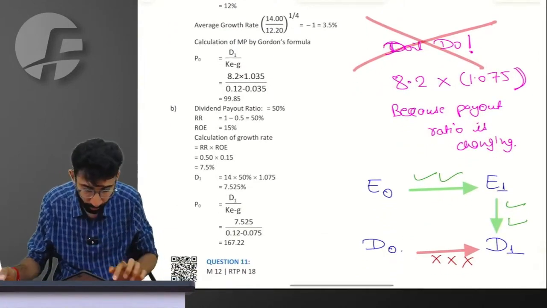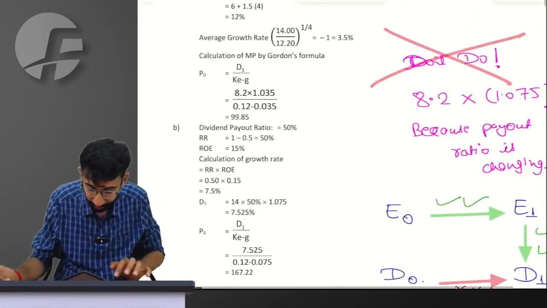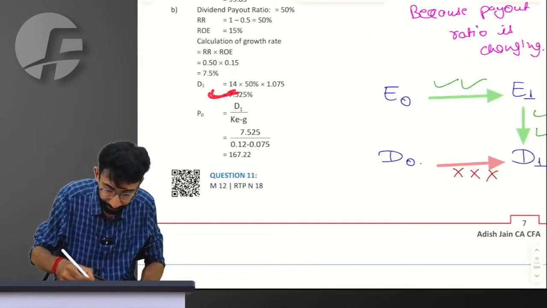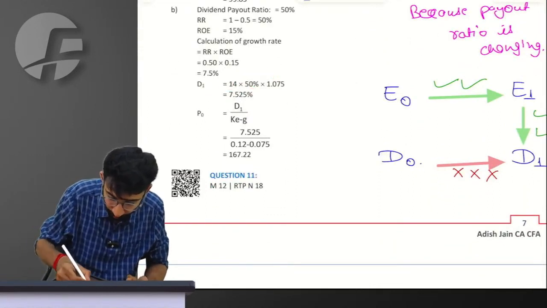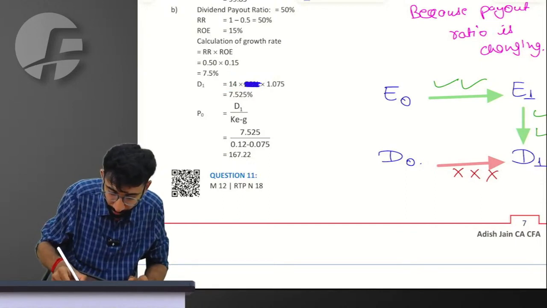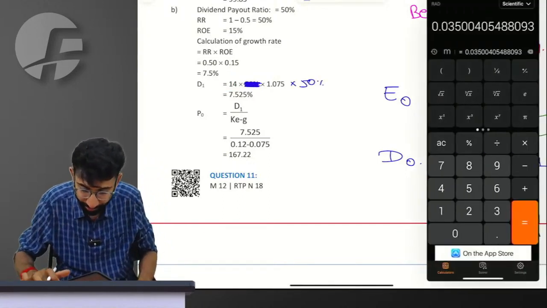All right, cool. So we have found out the revised EPS. Where is my revised EPS? This is here: 14% into 1.075 growth. And once you get EPS, 50% of that will be the revised D1.